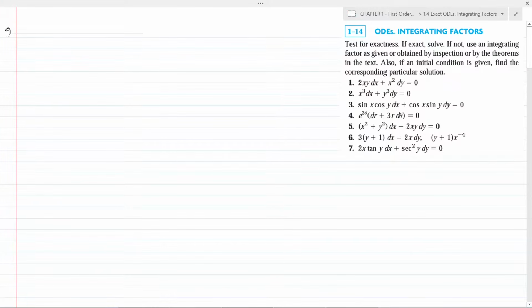Question 2. The ODE given is x cube dx plus y cube dy equal to 0. So this is x cube equal to M, y cube equal to N, and we can find del M by del y, which is equal to del by del y of x cube, which is equal to 0.